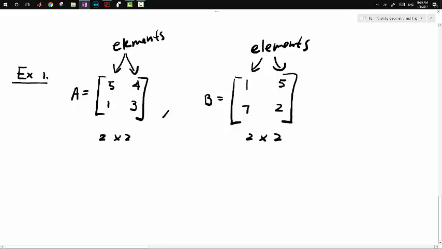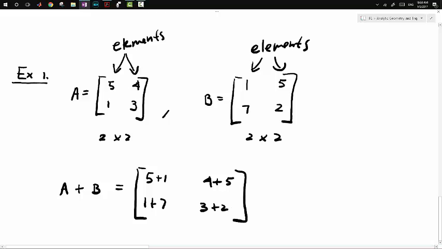So A plus B would equal 5 plus 1, 4 plus 5, 1 plus 7, and 3 plus 2.